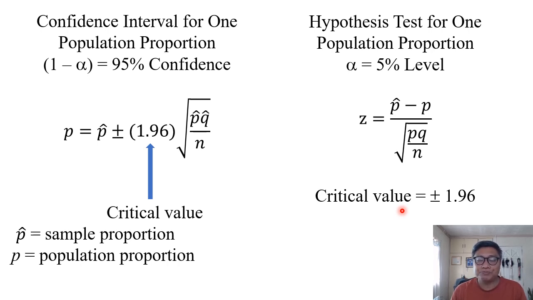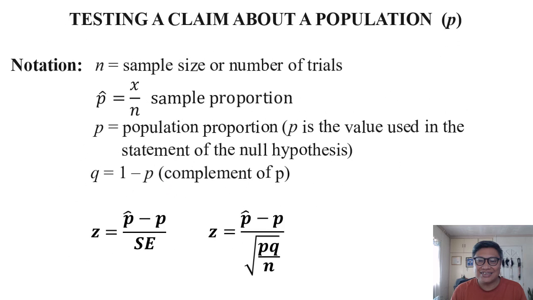Similar to the concept again, class, of your hypothesis testing for one population mean. So it's only the formula that is different, class. And in this case, we are not using the mean and the standard deviations, but what we are using now will be the sample proportion.